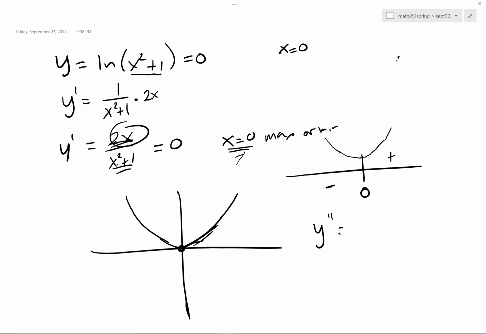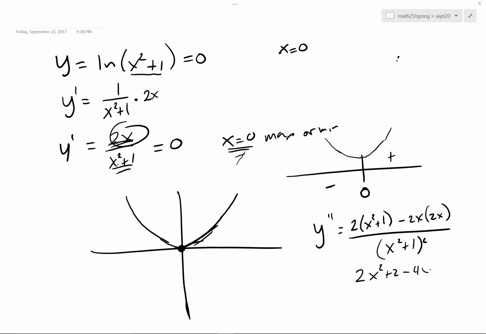Y double prime is the derivative of the top times the bottom minus the top times the derivative of the bottom, over the bottom squared. So that's 2x squared plus 2 minus 4x squared over (x squared plus 1) squared.